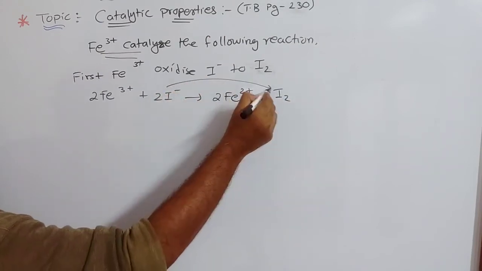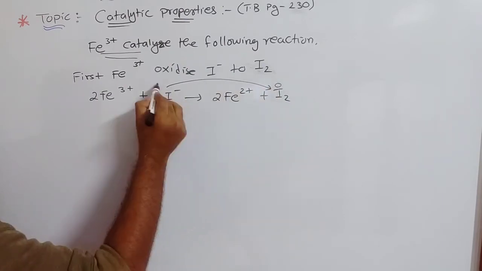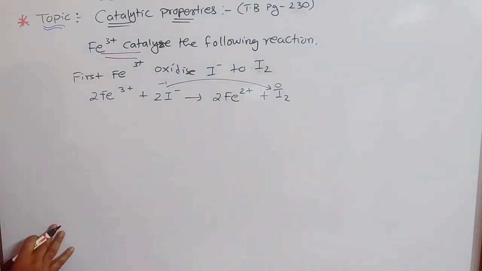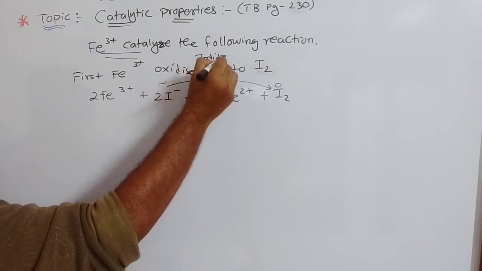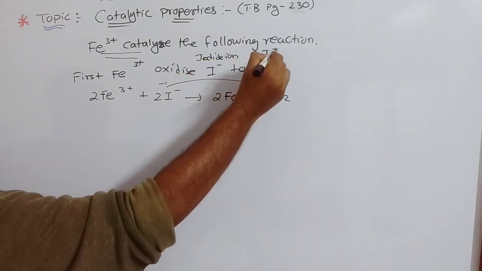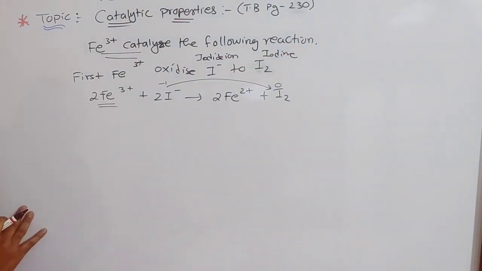Understood? I minus is minus 1 and I2 is 0, so it oxidizes iodide ion to iodine. So here Fe is used as a catalyst to do so.